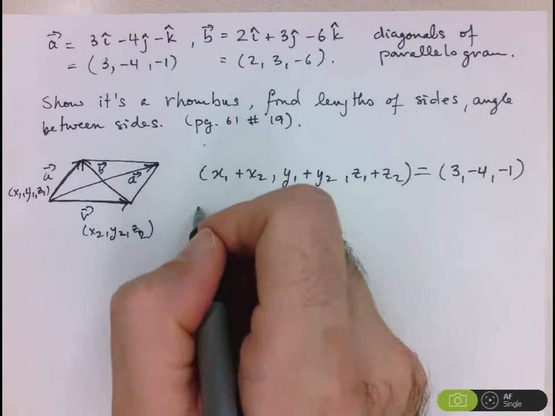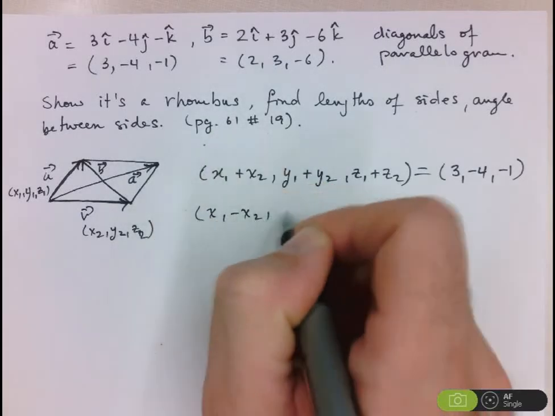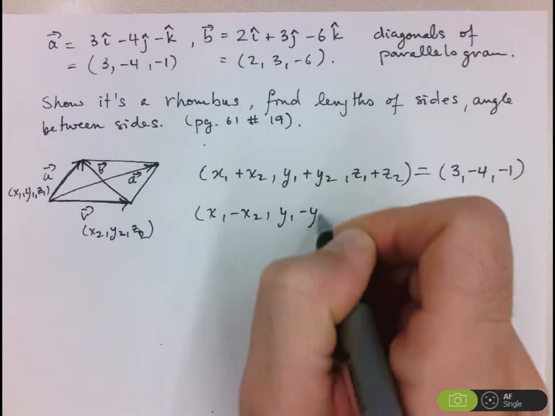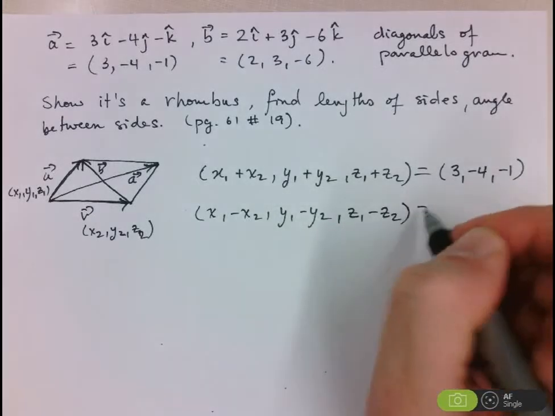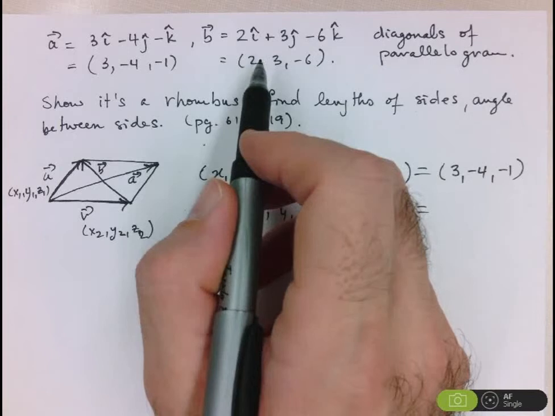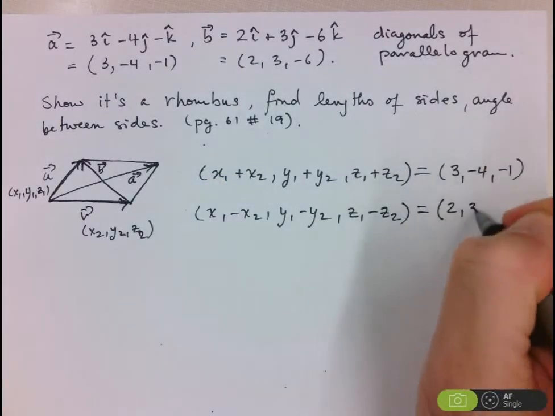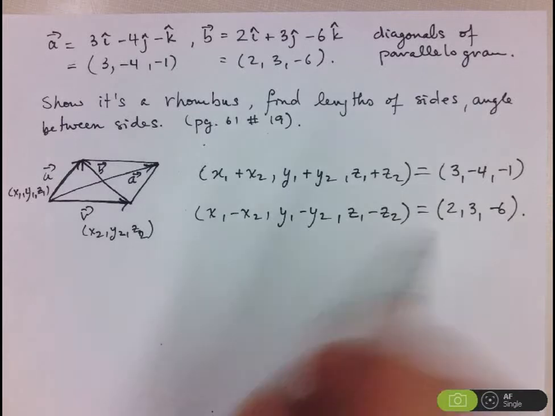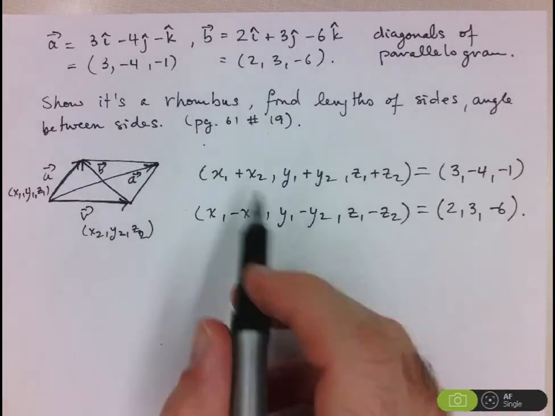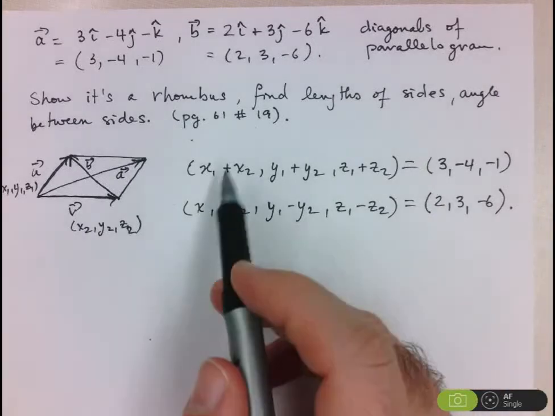Then if I subtract the two vectors, I get x1 minus x2, y1 minus y2, z1 minus z2, and I'm going to designate that as the difference, 2, 3, -6.